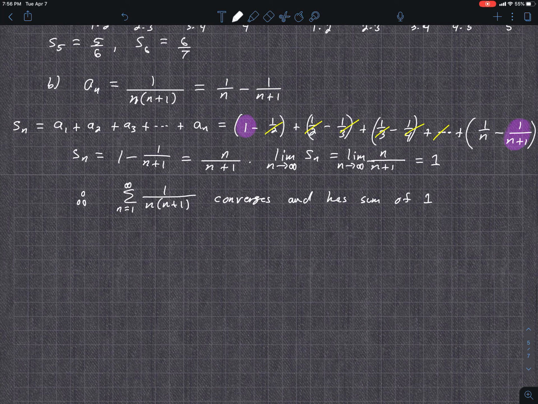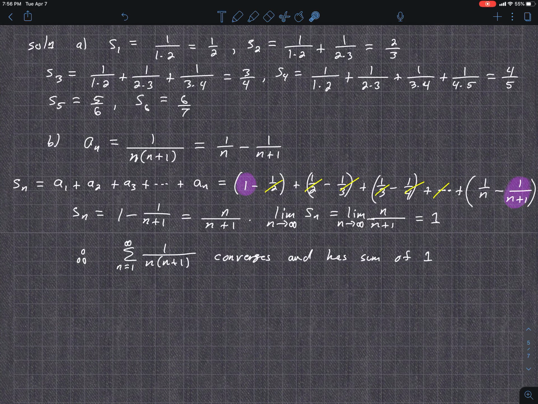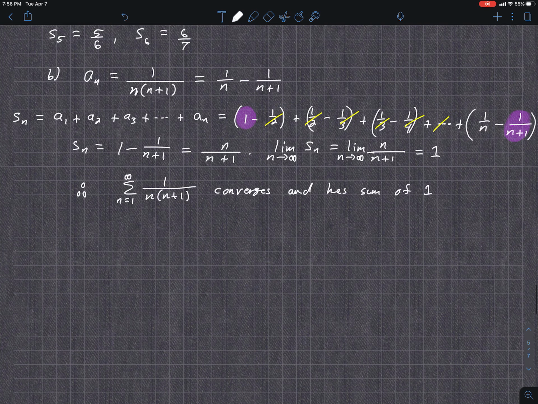Okay, so that concept is what's called a telescoping series. See how everything collapsed in the middle here? When stuff like that all collapses down, it's like a telescope, like the old telescopes that collapse down.